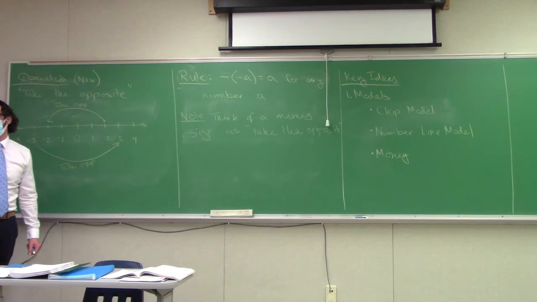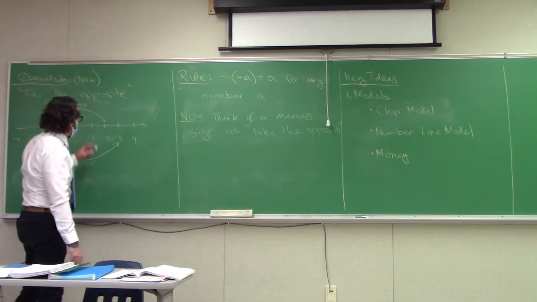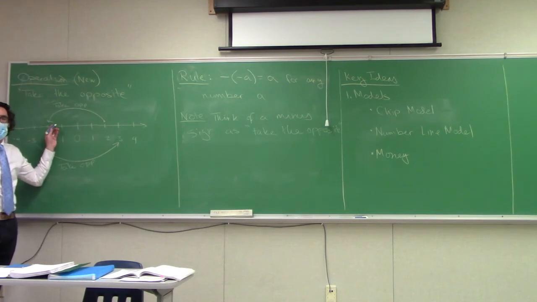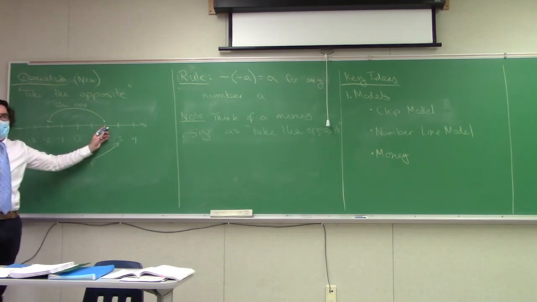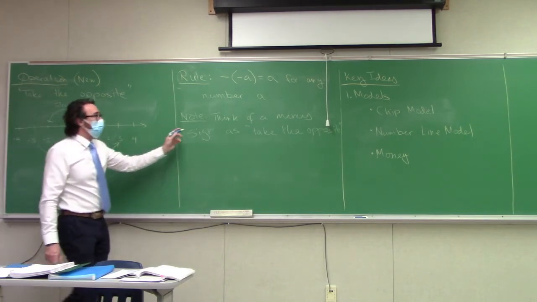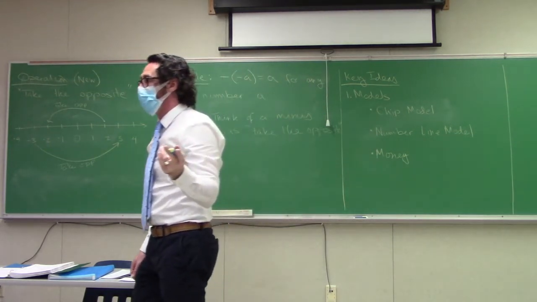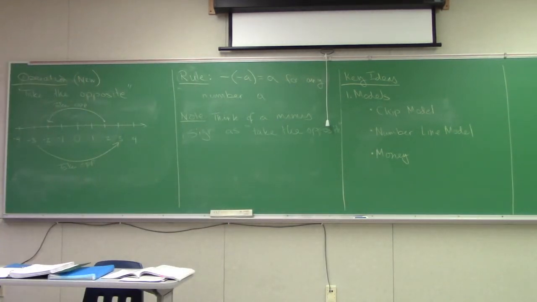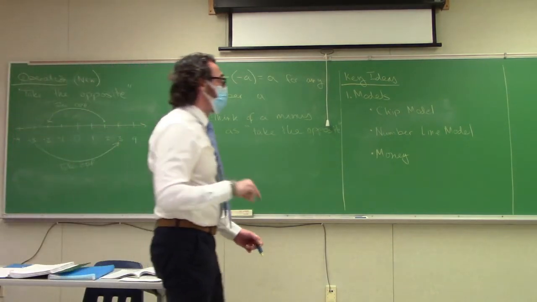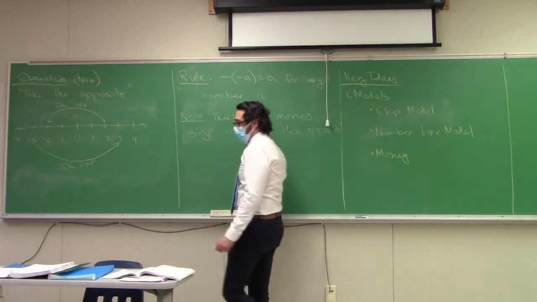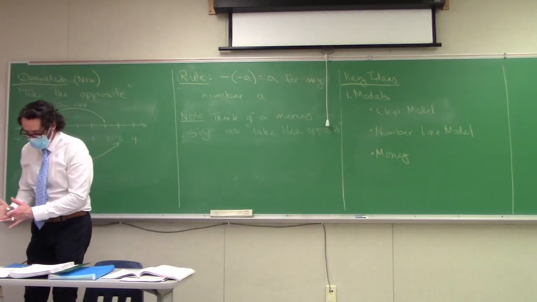If you do that twice, you're back to where you started. If you're at +2 and you take the opposite, you're at -2. If you take the opposite again, you go back over here. Right, and that's all this says, right here. If you take the opposite and then take the opposite again, you're back to where you started. Okay, it's actually very useful for modeling things, right? Hit the switch again, back to where we started. Okay, there's tons of situations in real life where doing it twice undoes it. Okay, so we got to take the opposite as a neat little operation in mathematics to do that.